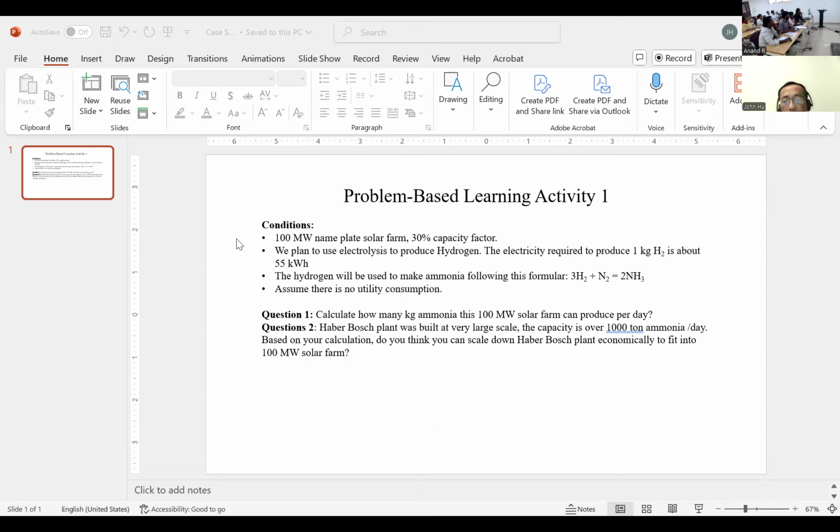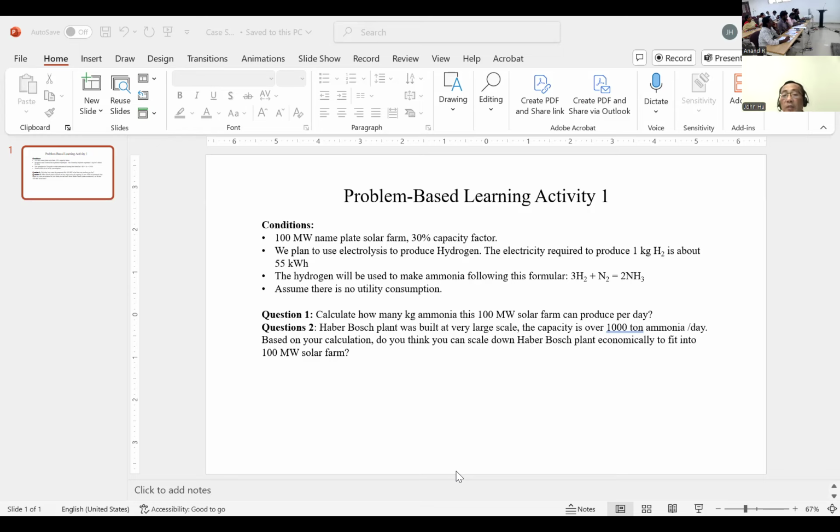Okay, conditions. If you have 100 megawatts, that's called the nameplate. Remember I talked about this: anytime you talk about solar and wind, you talk about nameplate, so you have to be careful. 100 megawatts doesn't mean they can really generate 100 megawatts on average. So you have to look at the capacity factor. I give you a capacity factor of 30%.